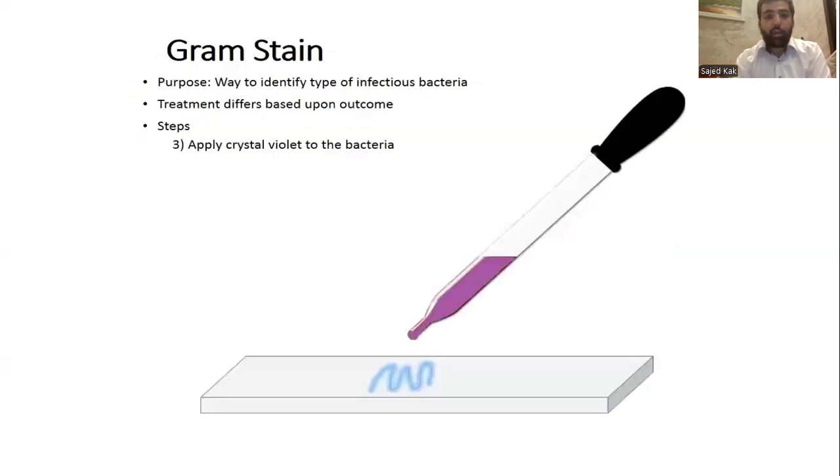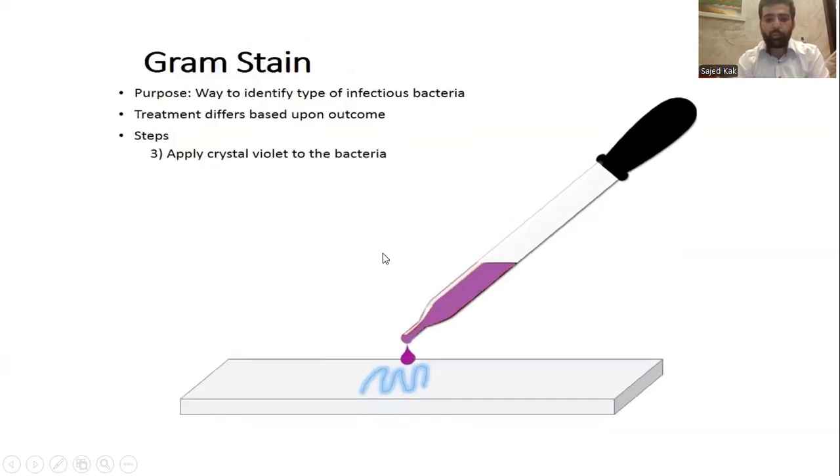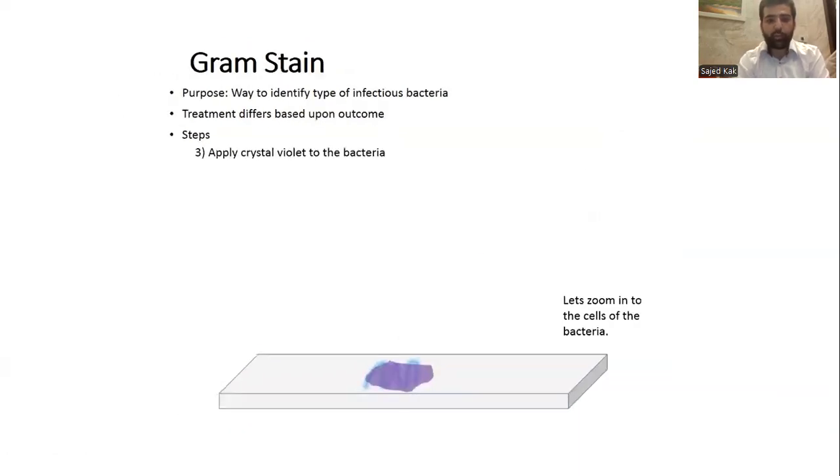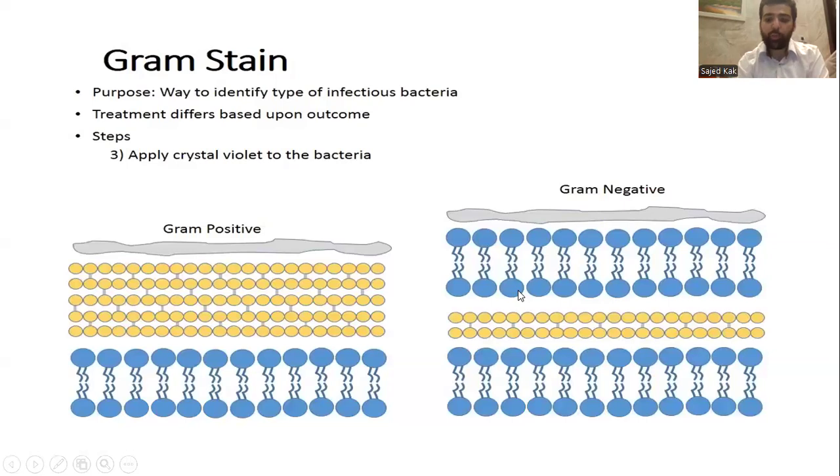Okay. Number three, apply crystal violet to the bacteria. So we add some drops of crystal violet to the bacteria. Let us zoom in on the cells of the bacteria after adding the crystal violet. Here is just an example. This is gram-positive and this is gram-negative.